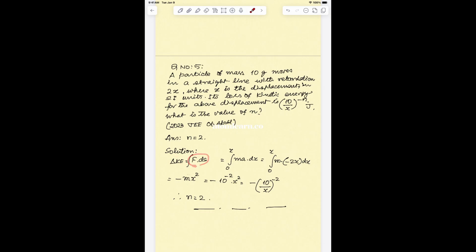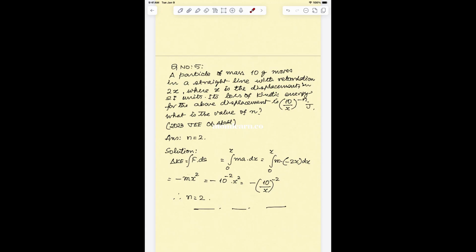Work done, we have to take it as integration because acceleration is a function of displacement. Therefore we have to do integration of force, m a dx, from 0 to x.